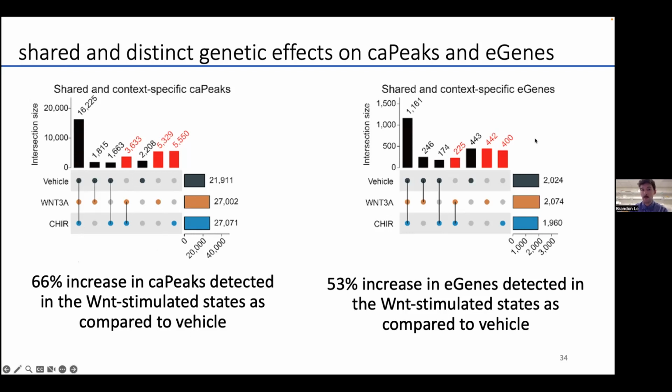On the right, same idea, but for gene expression, we're able to find about a 50% increase in the number of genetically regulated eGenes in Wnt stimulated states compared to vehicle. We were happy to see this because it bears out a suspicion in the field that's become more and more well supported, that looking at QTLs in these dynamic states is going to identify a lot of novel genetic effects.